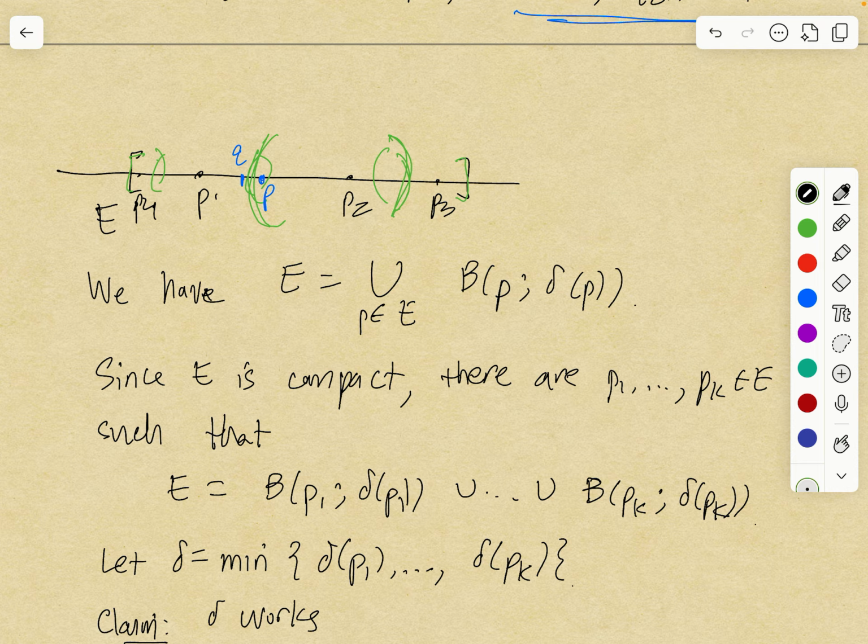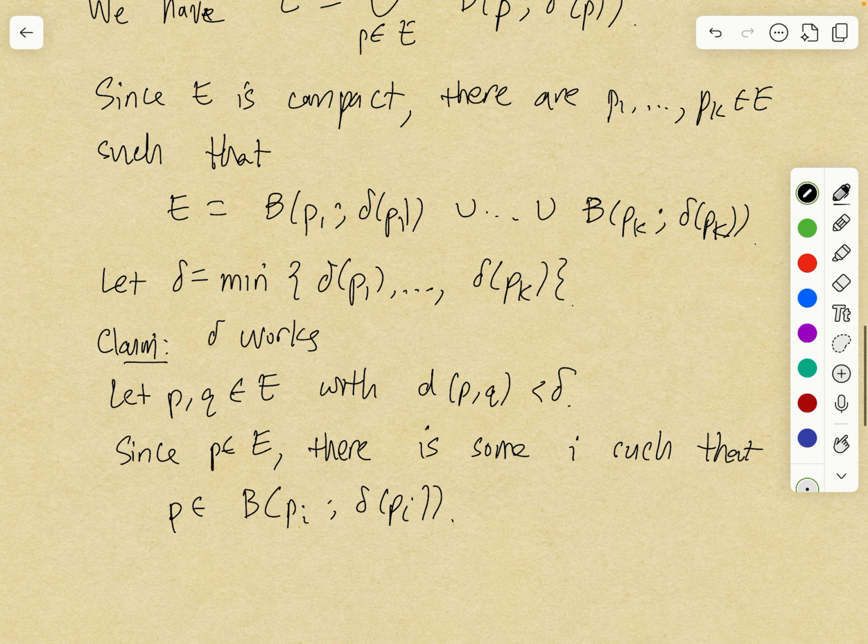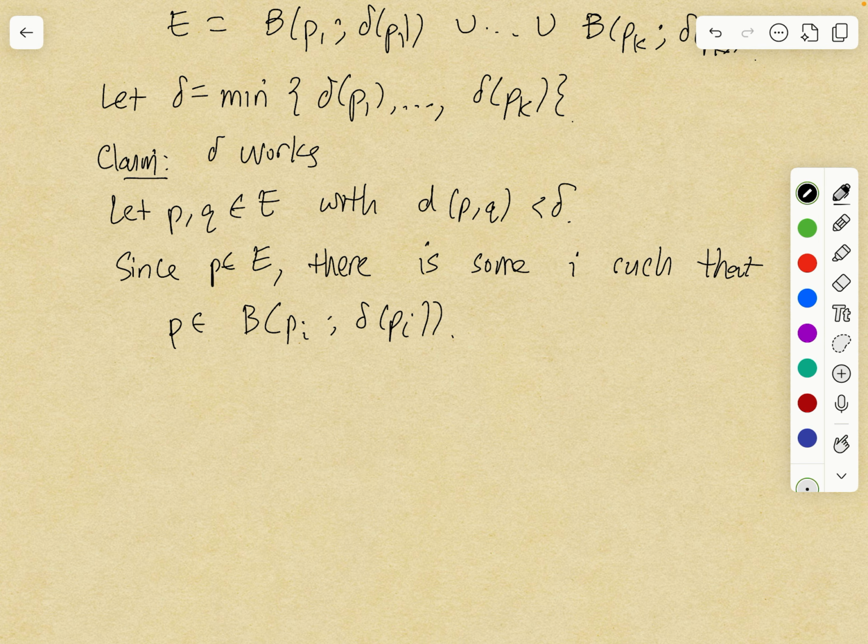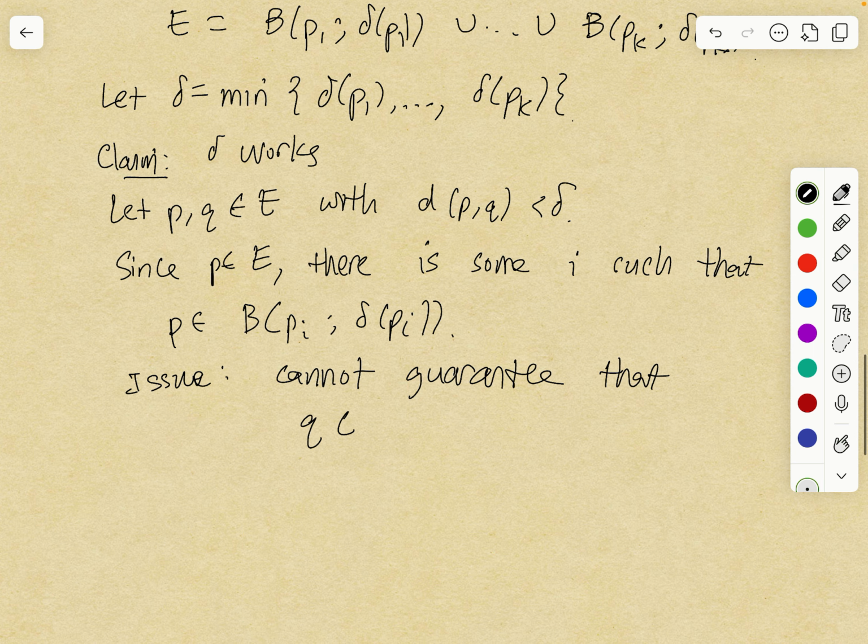The problem is that P and Q don't have to both be in the same open ball. Okay, so the issue is that you cannot guarantee that Q is also in the same open ball that P is in. So that's a problem. That means that the proof doesn't work.